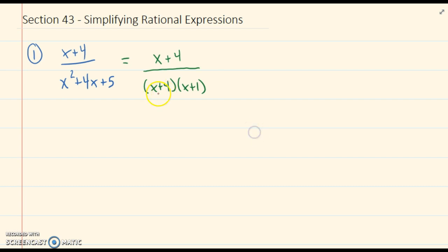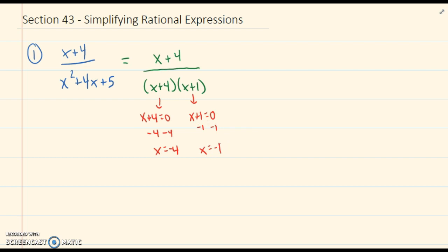So I'm going to take each of these factors, x plus 4, and set it equal to 0. And I'm going to do the same with x plus 1 and set that equal to 0. Then I want to find the value of x that makes that equation 0. We've got negative 4, and we've got negative 1.